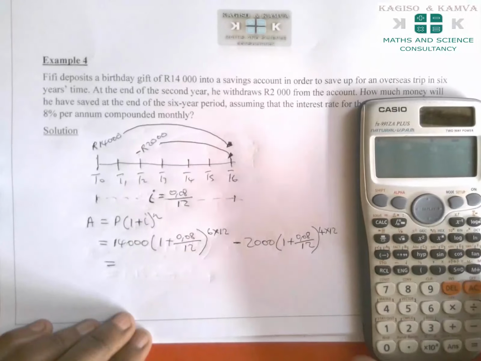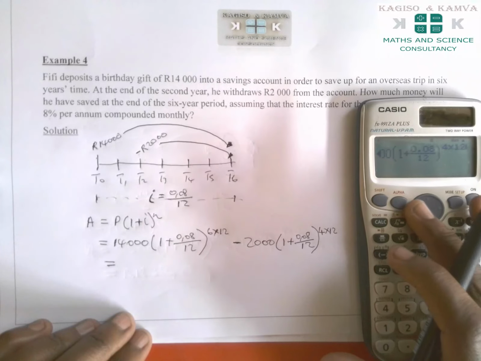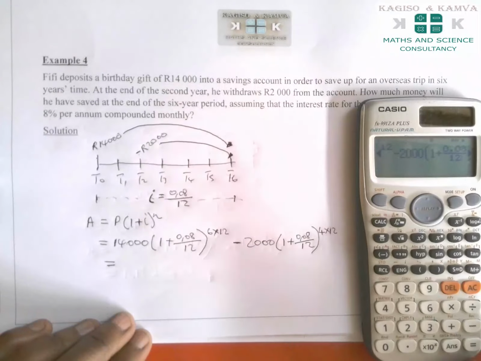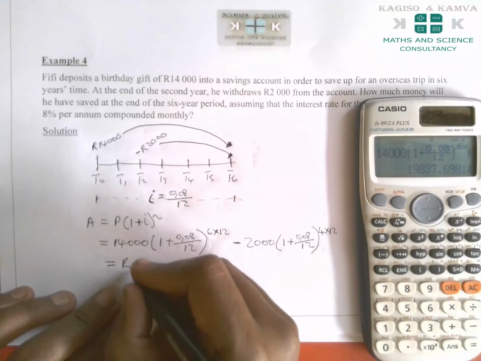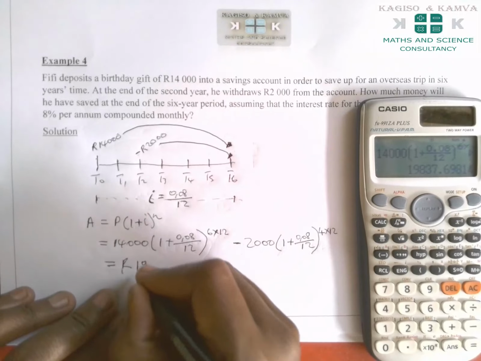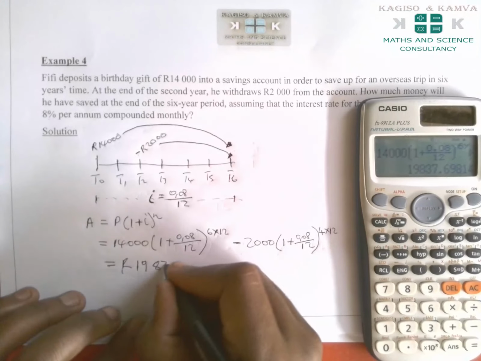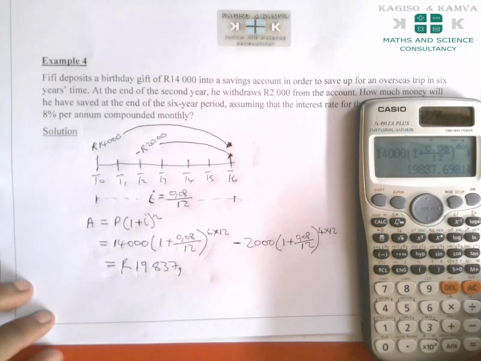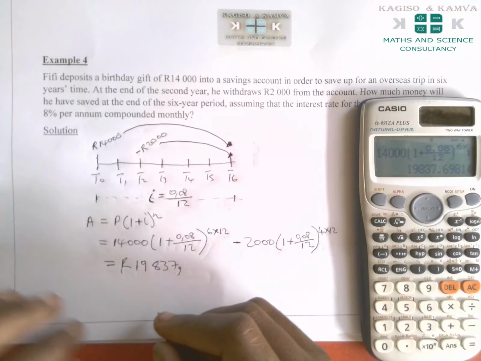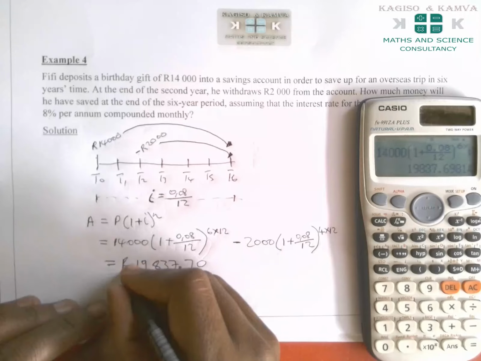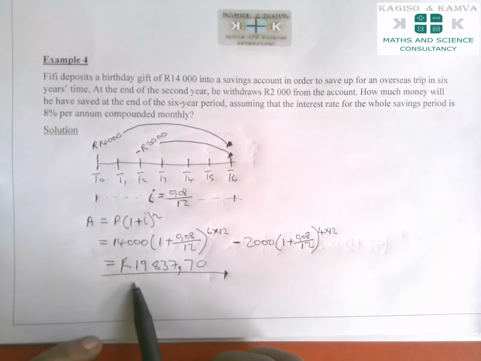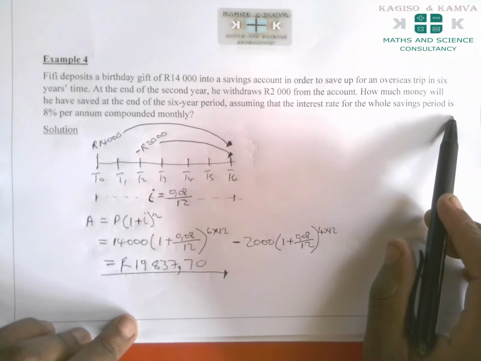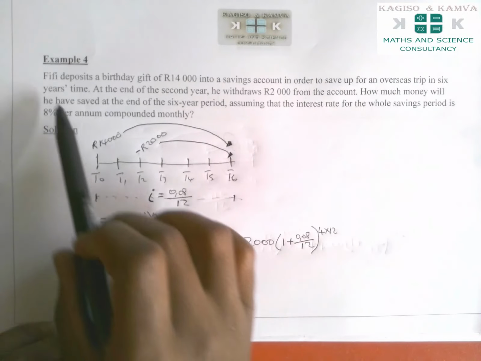So how much do we get there? Minus 2,000. You're going to have 19,837.70 rands. This will be the accumulated amount. This is what Fifi will get at the end of the 6-year period.